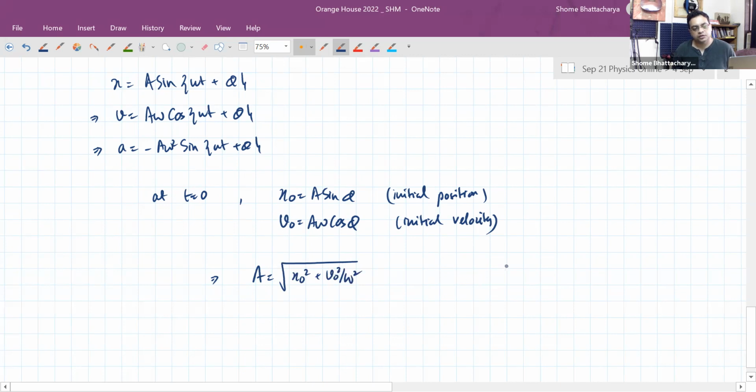This comes from the fact that sine square phi plus cos square phi is equal to 1. So from the first equation, x naught by A whole square, and from the second equation, v naught by A omega whole square, is equal to 1. So from this we get this relation.